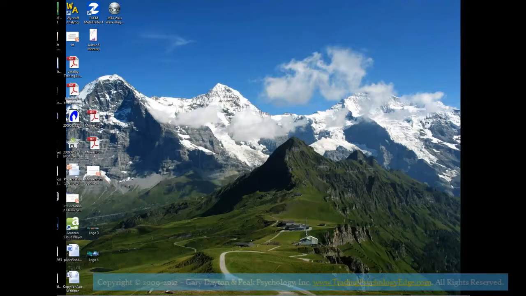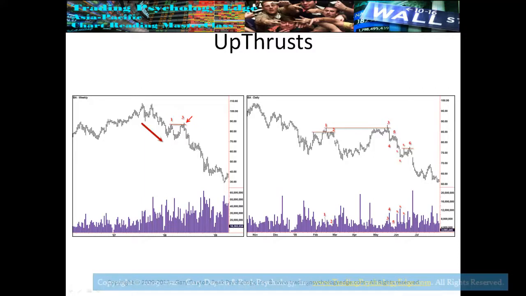Does the upthrust have to close on the low, or just has to go under the upthrust bar? Just has to go under the high of the past resistance. So let's go back to an upthrust. So we're clear on that. This is the upthrust bar here.